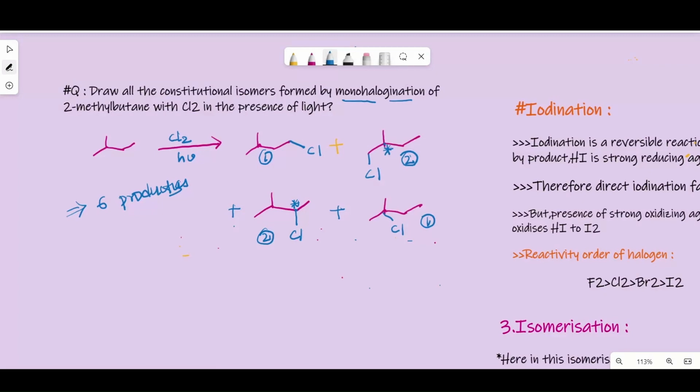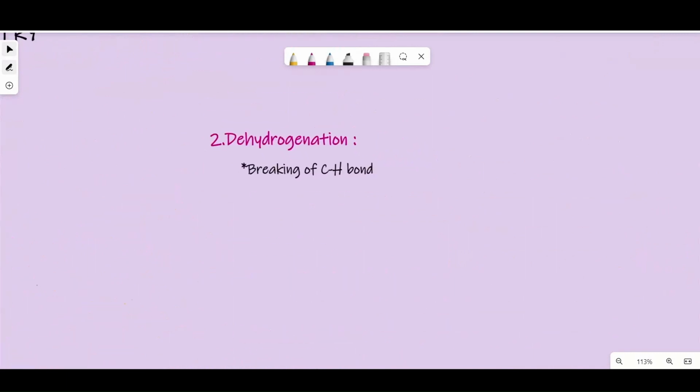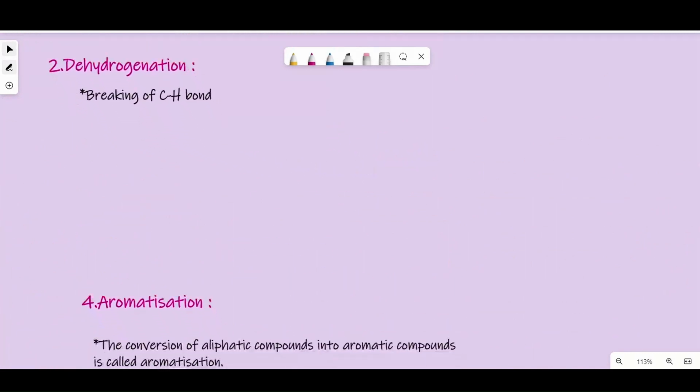So let's move to another chemical property of alkanes, that is dehydrogenation. From the name itself we know dehydrogenation means removal of hydrogen. So we will just remove the hydrogen, breaking the CH bond, and finally we will get an alkene as a product.